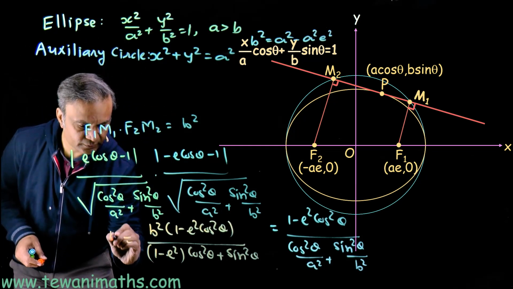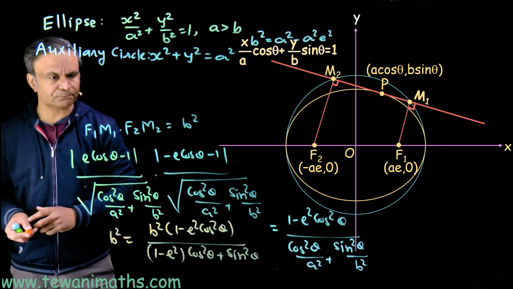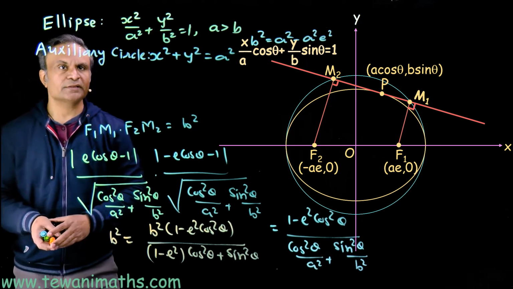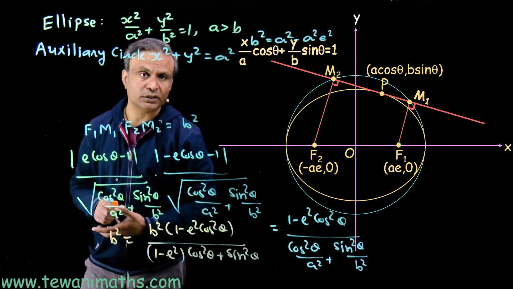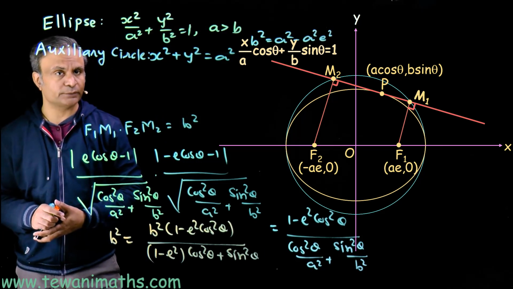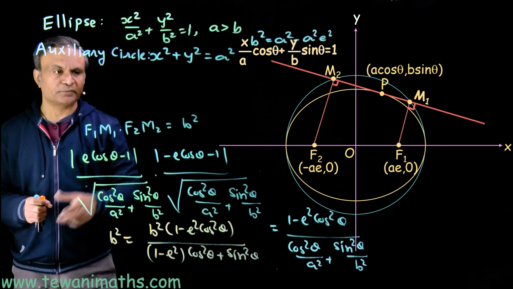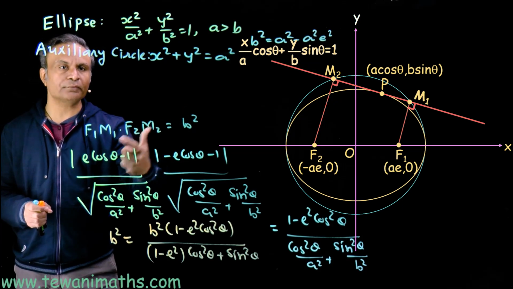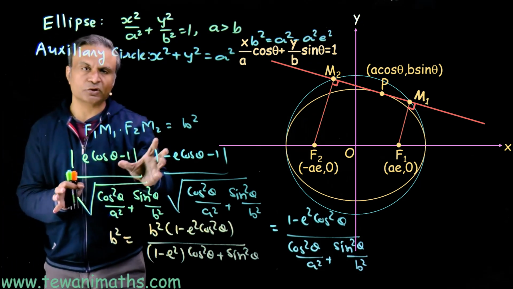So we get here b square. ठीक है, हमें यहाँ पे b square मिलेगा ना. So this is proof that product of length of perpendiculars from foci upon any tangent to this ellipse is b square. In general, this product is square of semi-minor axis. ठीक है ना? Let's try some questions based on this property.